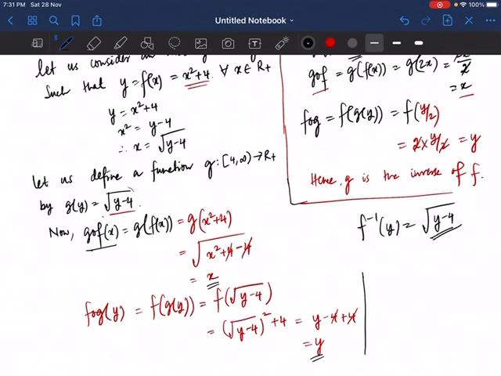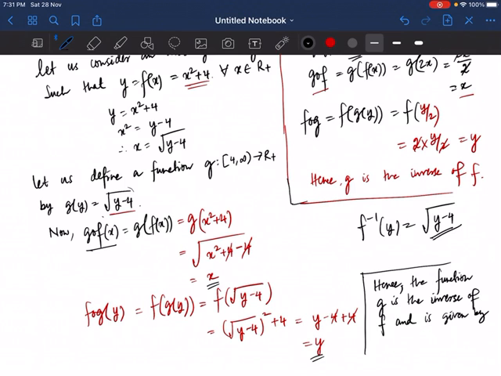So you write down, hence the function g is the inverse of f and is given by f inverse y is equal to root over of y minus 4. That's it.